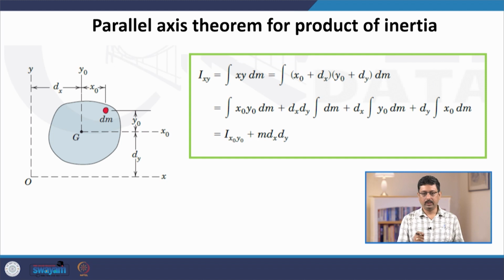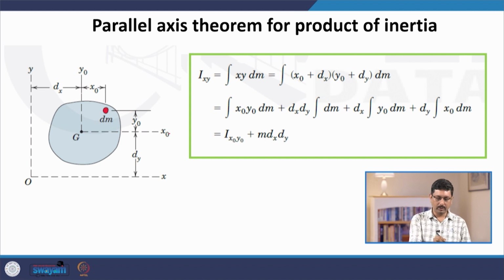Now, I quickly go through this: for the product of inertia, we can apply the parallel axis theorem, which is sometimes useful. Here is how it works. We consider two reference systems.